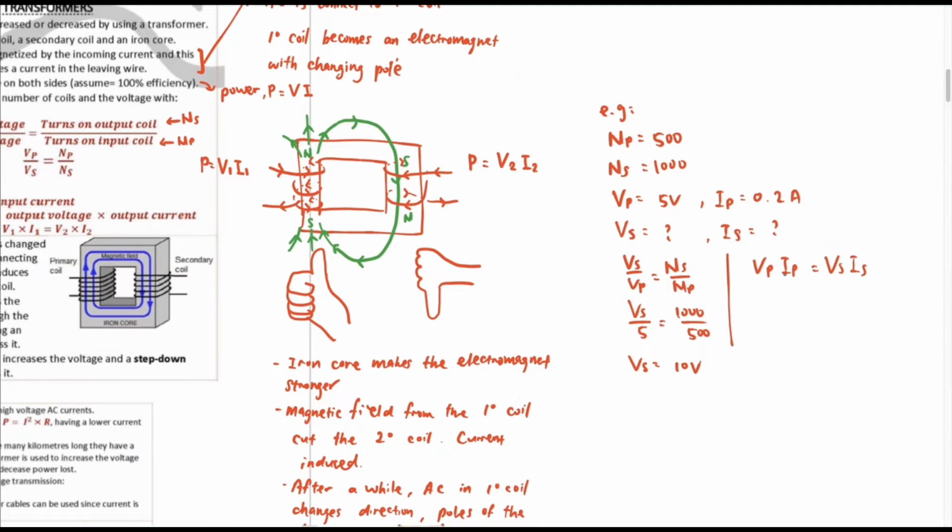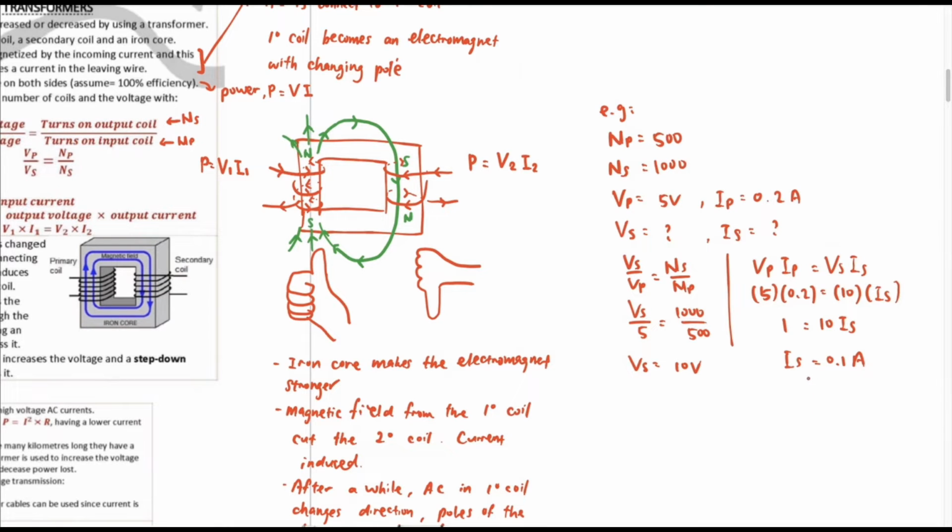Primary or 1, or secondary or 2 is just fine. So let's say I substitute with values. My VP is 5. My IP is 0.2. My VS is 10. My IS is unknown. So here I get 1, then IS is 0.1 ampere. So I can find out the current.